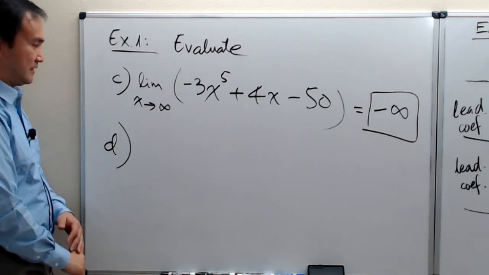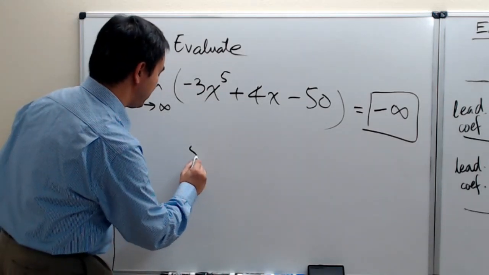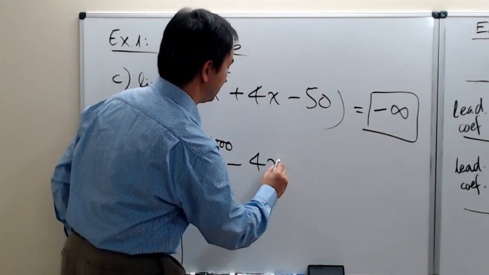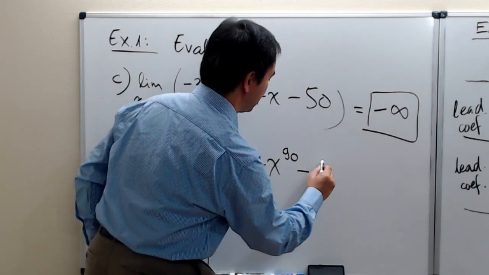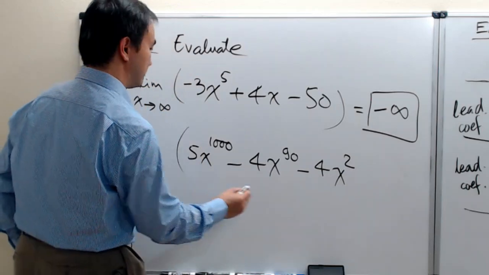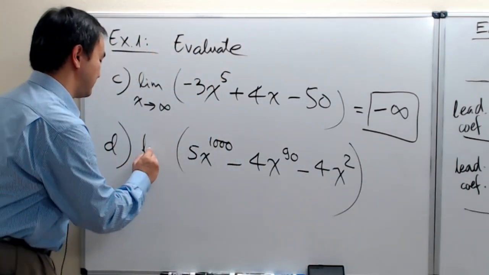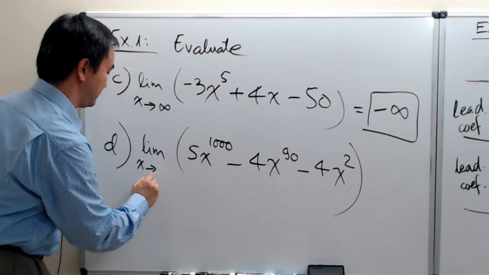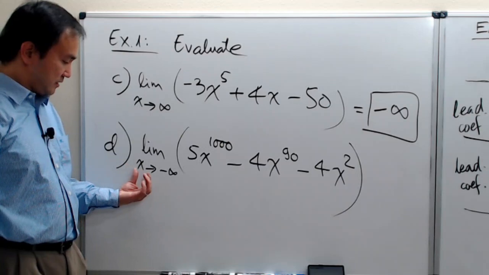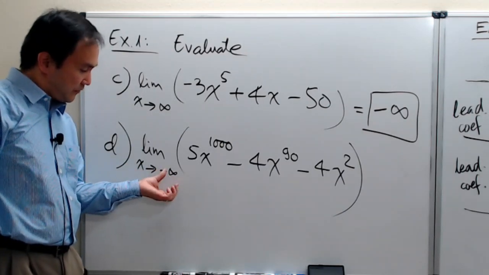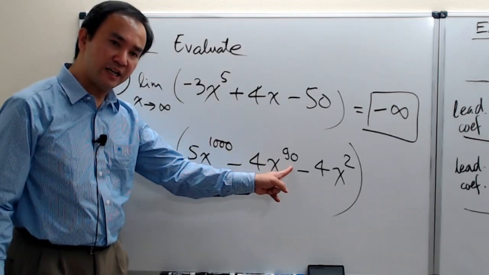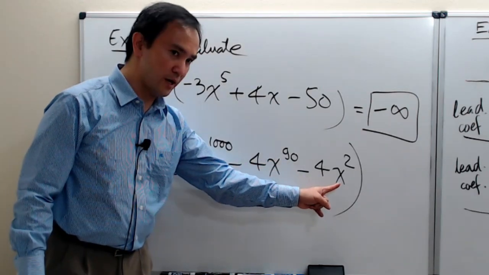Question D. So, all right, something like this. The limit as x approaches negative infinity of the polynomial 5x to the 1000 minus 4x to the 90 minus 4x squared.